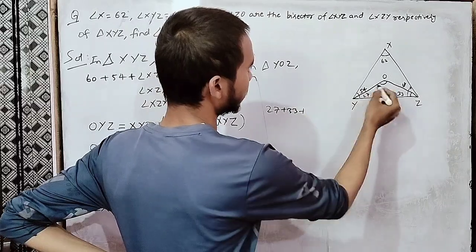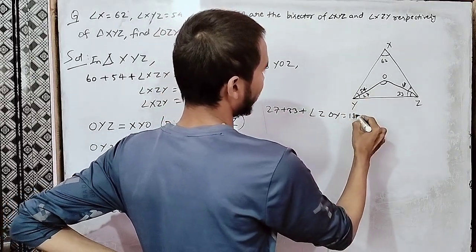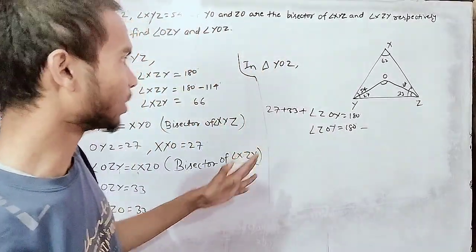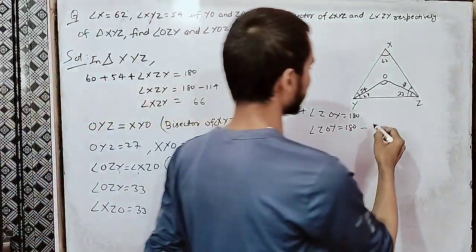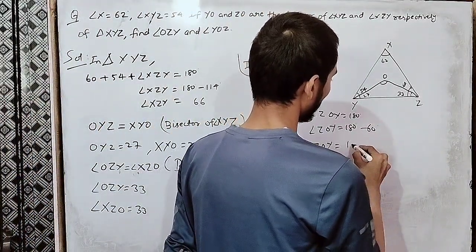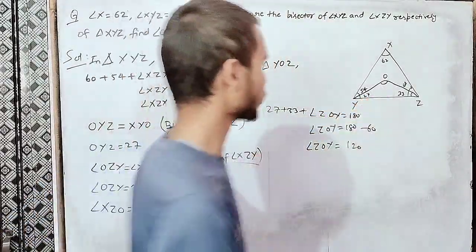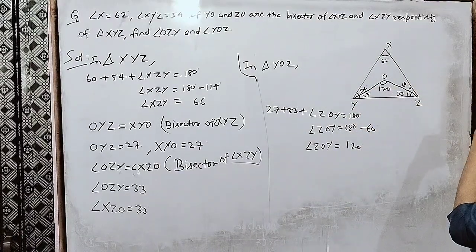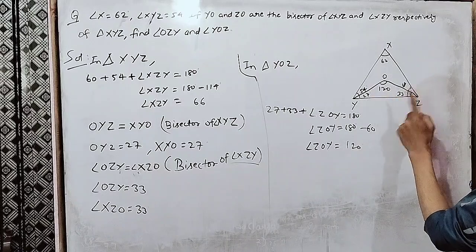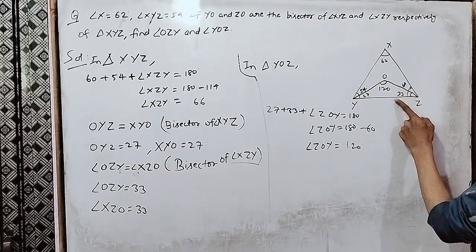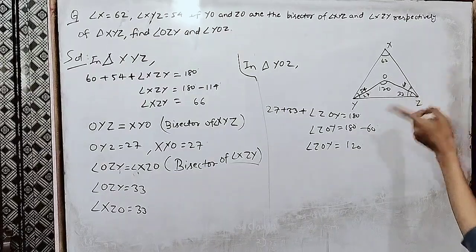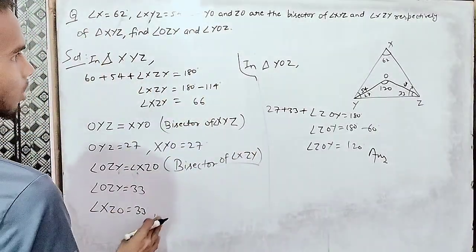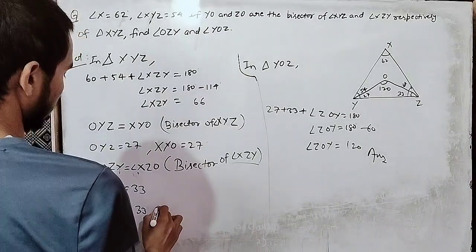ZOY is 180 minus 60, which is 120. We can check whether this is correct: 120 plus 60 is 180. Yes, this is correct. OZY, this is our answer.